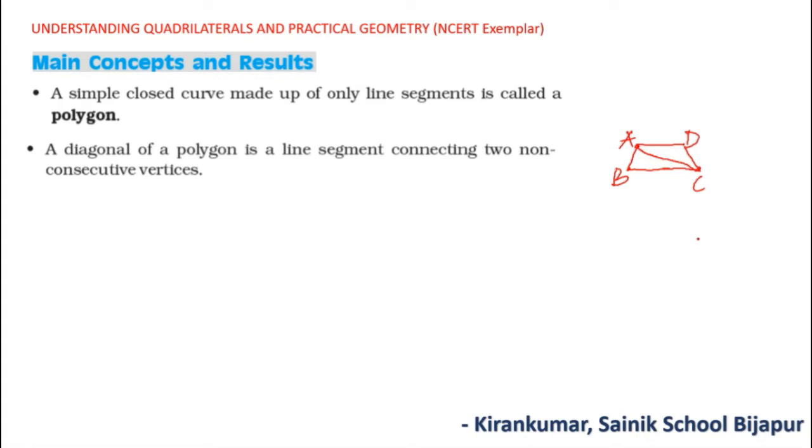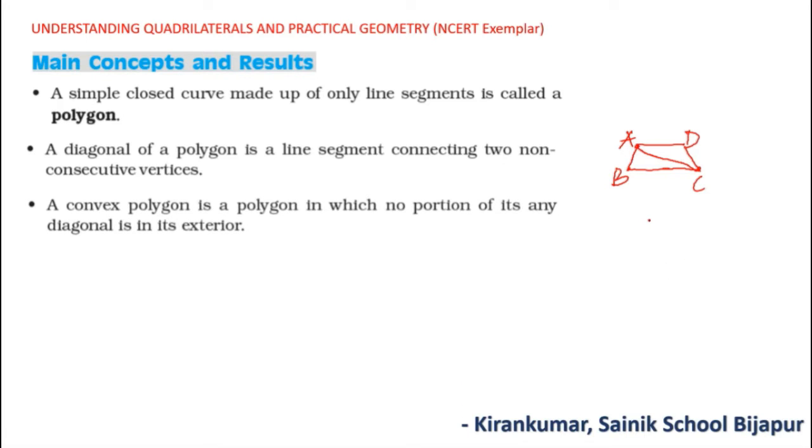A convex polygon is a polygon in which no portion of any diagonal is in its exterior. For example, if I have a quadrilateral of this type, it is a concave quadrilateral.